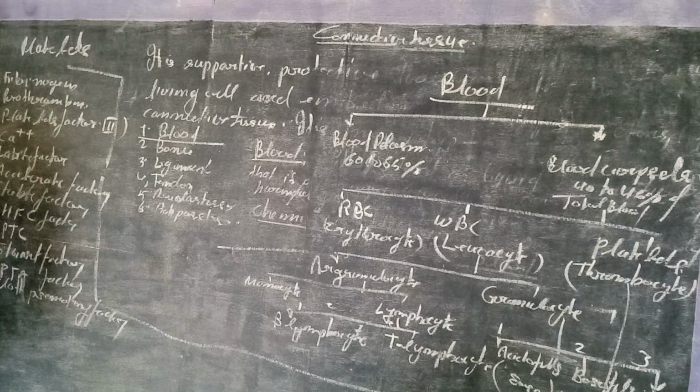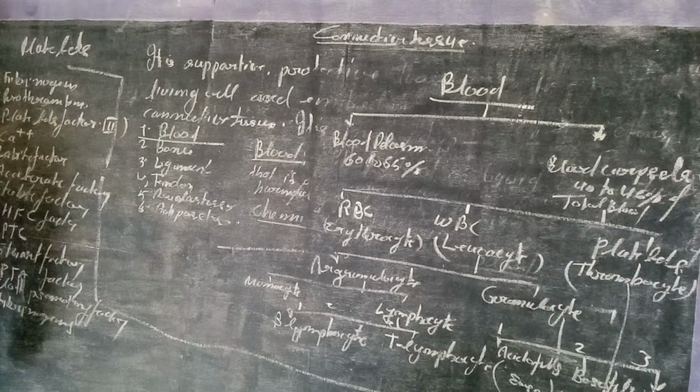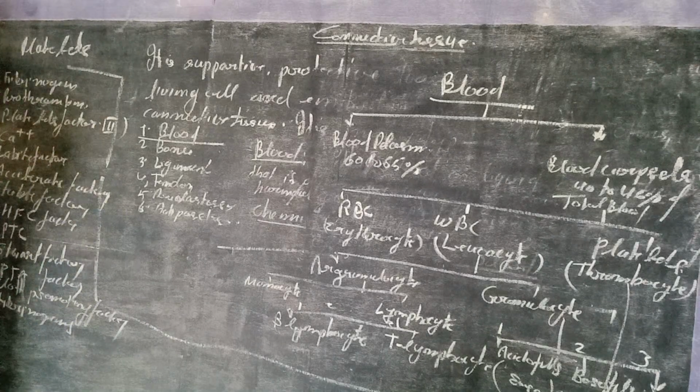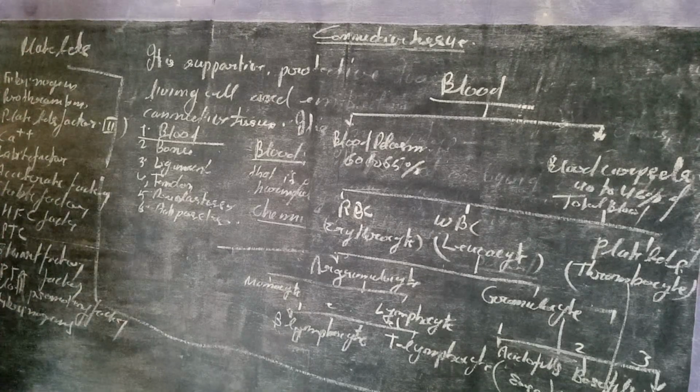And the last, thirteenth, is fibrinogen factors, which form prothrombinase, and step by step they are responsible. All these factors are responsible for blood clotting, and one by one, blood clotting takes place.